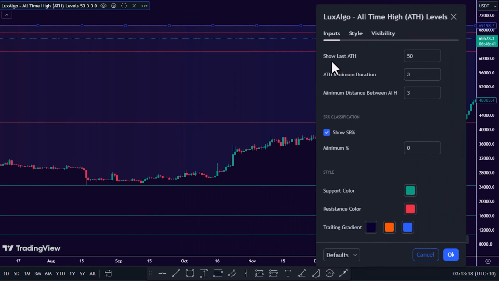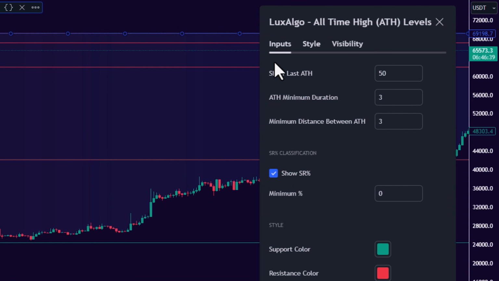Under the all-time high ATH settings, there is Show Last ATH. Specify the amount of most recent ATHs to display. ATH minimum duration. Minimum duration in bars of an ATH. That is the minimum number of bars that must elapse before another ATH can be made.